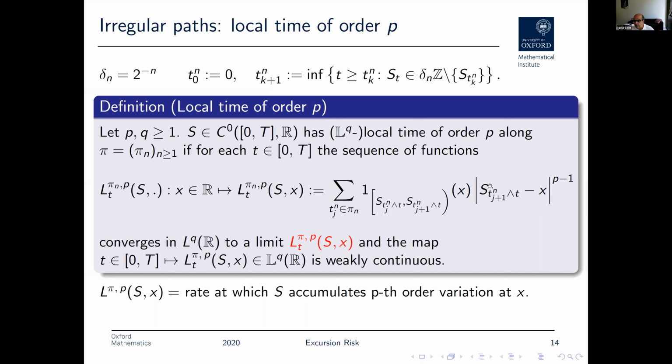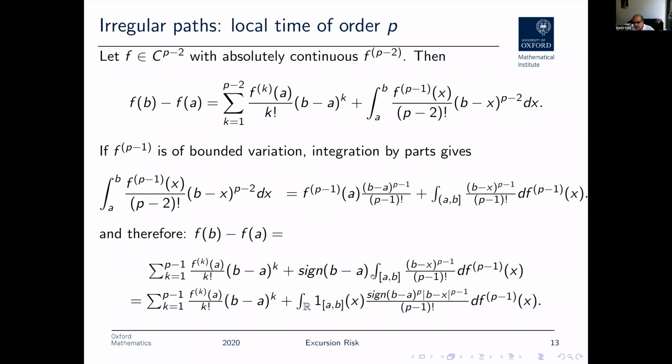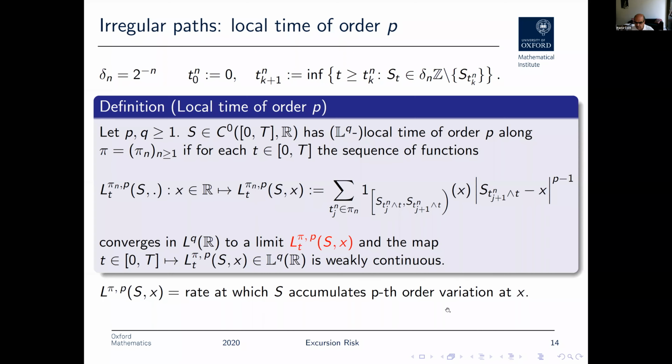And I have this term, the value of endpoint B minus x to the power p minus 1. So I'm going to define this sequence of functions. And if I integrate this with respect to f, I get exactly the remainder term. So that's the only reason I define it.